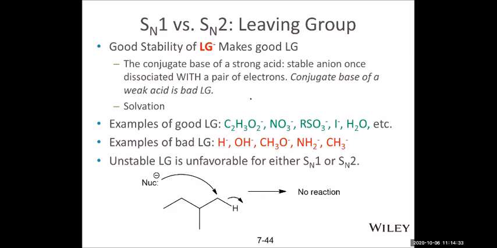Okay, the second one, leaving group. Like I mentioned, a leaving group is a weak base by itself, and a weak base means it does not attract protons very well.